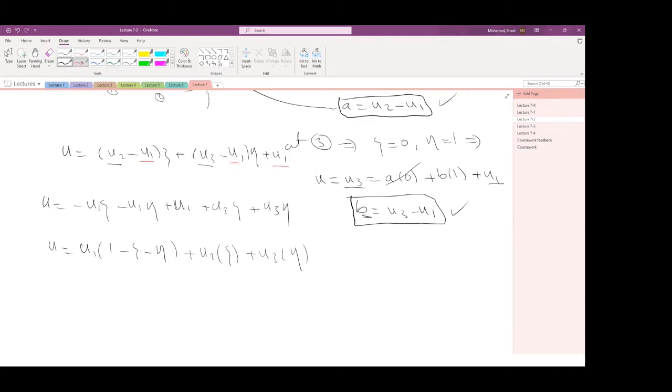And this is going to be my first shape function, and this is my second shape function, and this is my third shape function. So my shape functions are now N1 is equal to 1 minus xi minus eta, N2 is xi, N3 is eta. So these are the shape functions.